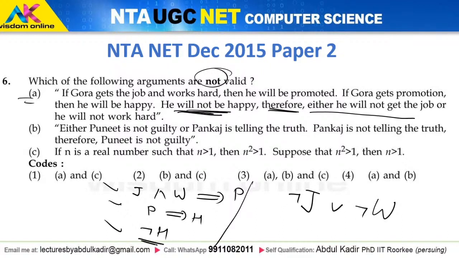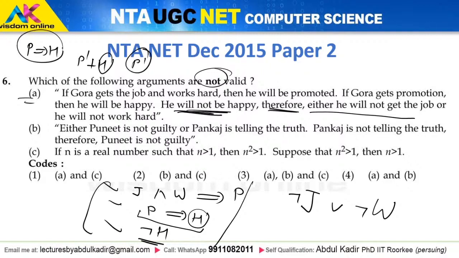So see, just combine all these hypotheses. The third hypothesis is saying that he is not happy, meaning H is false. If H is false, then P is also false. Why? Because P implies H, which you can write as P dash plus H. Now, if H is false, then P dash plus false is nothing but P dash.